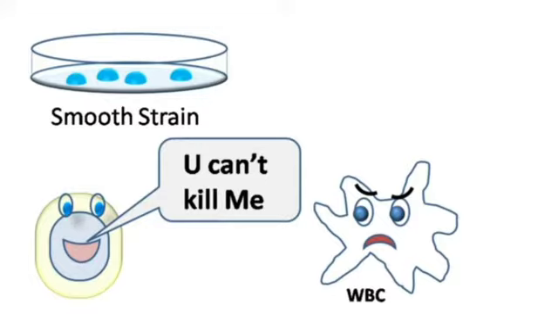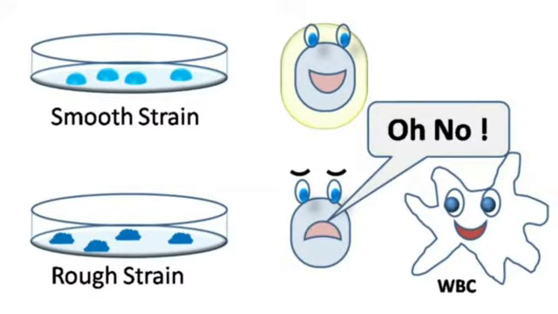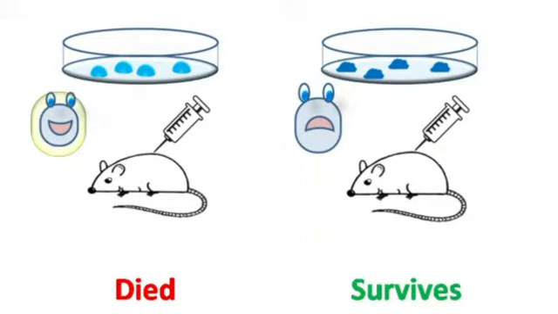This makes the smooth strain highly pathogenic. The rough strain lacks the capsule, hence the immune system can easily kill it. When the cells of the smooth strain are injected in mice, the mice is killed, whereas when the cells of the rough strain are injected in mice, the mice survives.